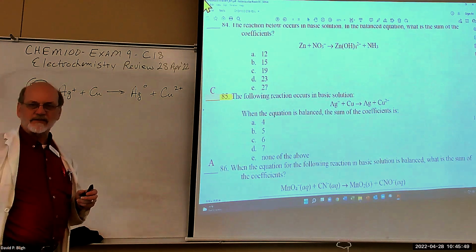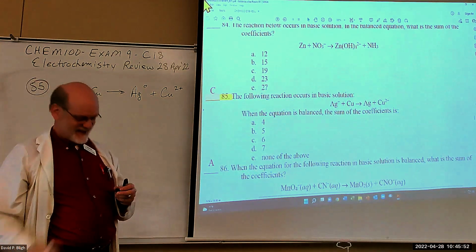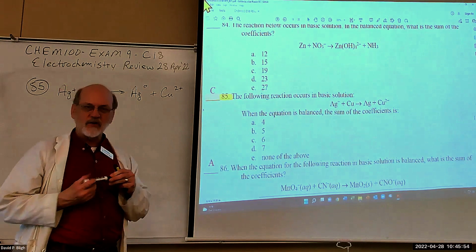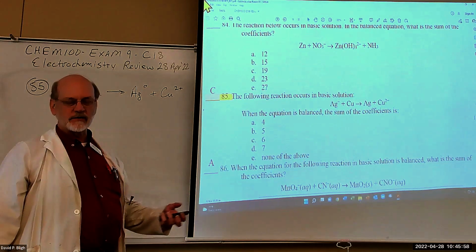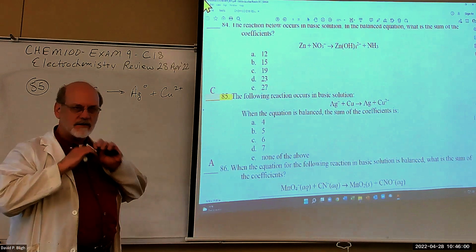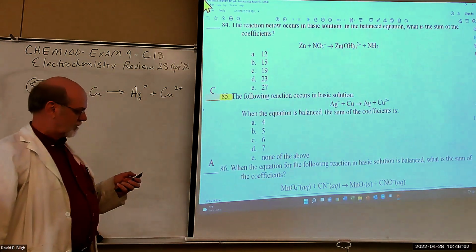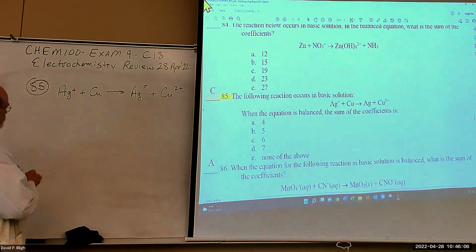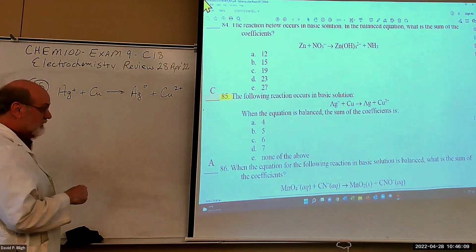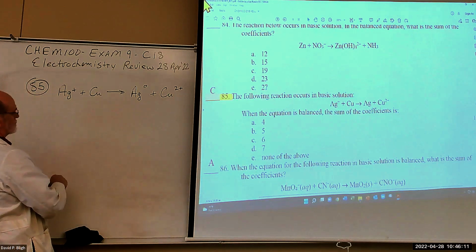This reaction in basic solution. Okay. There's no oxygen, there's no hydrogen there. It doesn't matter. That's a basic solution. It makes no difference to balancing this equation. So all we have to do is balance it.